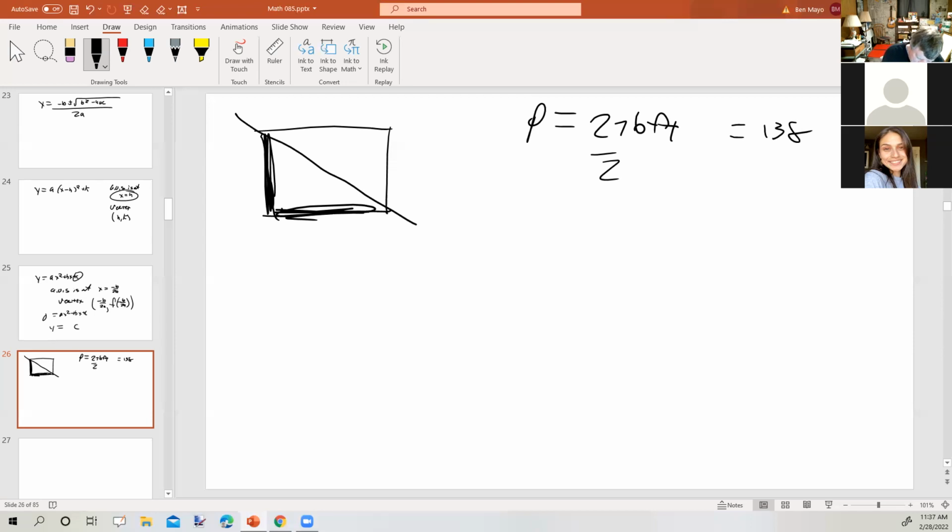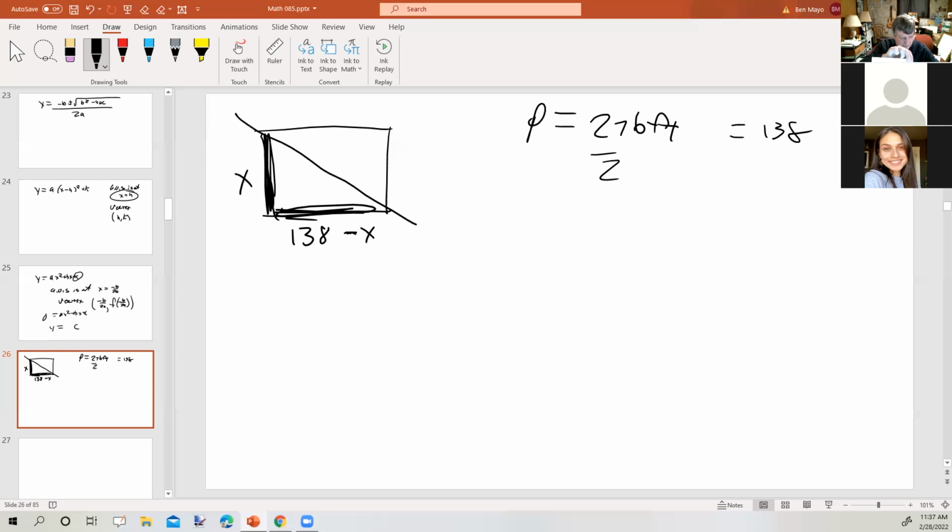Okay. What if I call this X? This would be 138 minus X, because we've got two sides of the rectangle, and the two sides equal 138. If we call this side X, we've got 138 minus X left over.